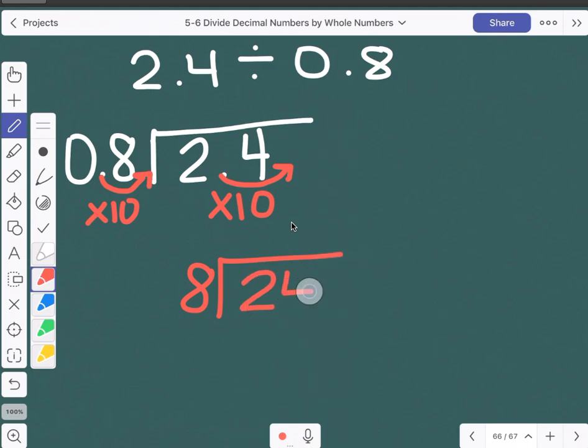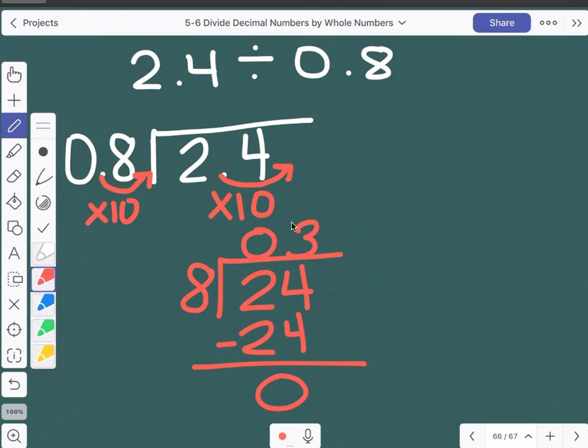Ooh, lucky me, I ended up with 2 whole numbers. Shabam. How many times does 8 go into 2? None. How many times does 8 go into 24? 3. Can we also do it so that we don't have to go into 2? We could. We don't even have to do that at all.